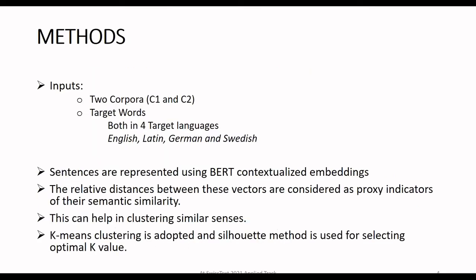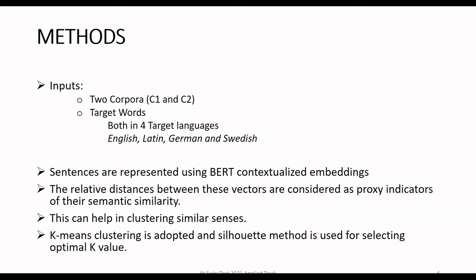So the input for the task was two corpora. There were two timestamps or time periods, corpus C1 and C2, as mentioned, and the target words. And it was done in four languages: English, Latin, German, and Swedish. And we have to submit the system for all the languages to participate in the task. So the general method was to use the BERT contextualized embeddings.